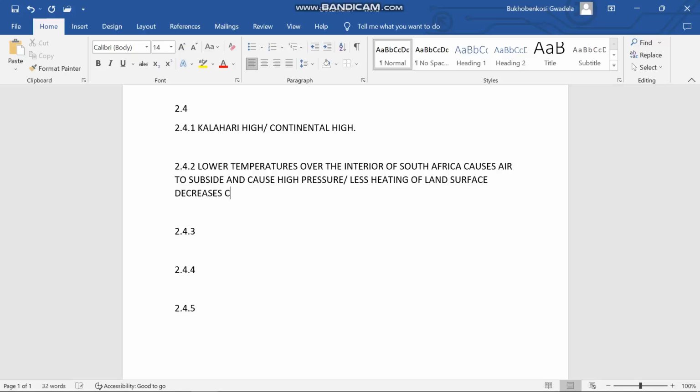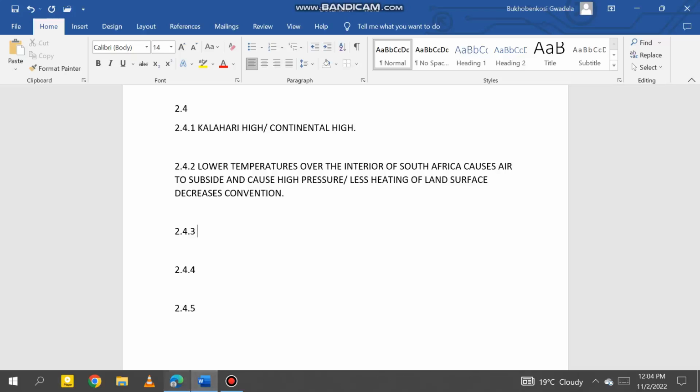This is convection. Because there's less heating of the land and the sun is away from us during winter, which is going to decrease convection. Let's move to 2.4.3.